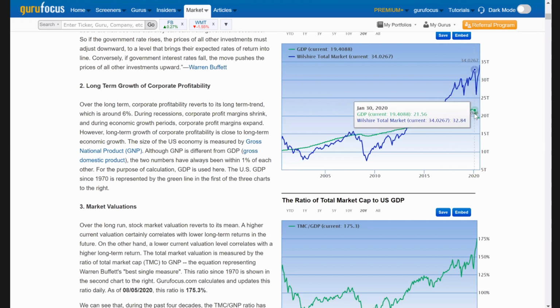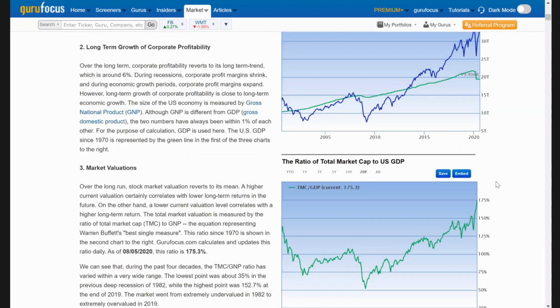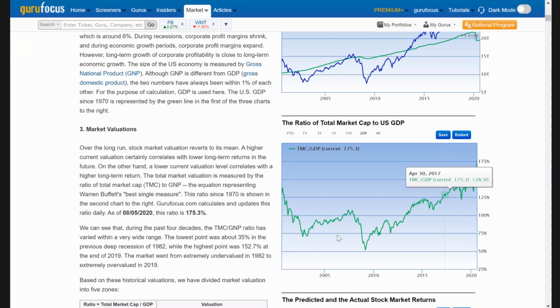Of course, we had a drop of GDP lately because of the pandemic. And we can see that this is the Buffett indicator, the total market cap over GDP, and this ratio is now standing at 175%. It has never been this high before.